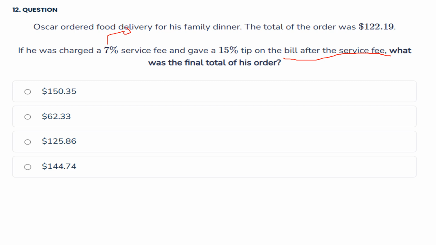And I know that as a decimal, I eliminate the percentage sign and put a decimal there, and then I put a 0 there. So 7% as a decimal is 0.07.